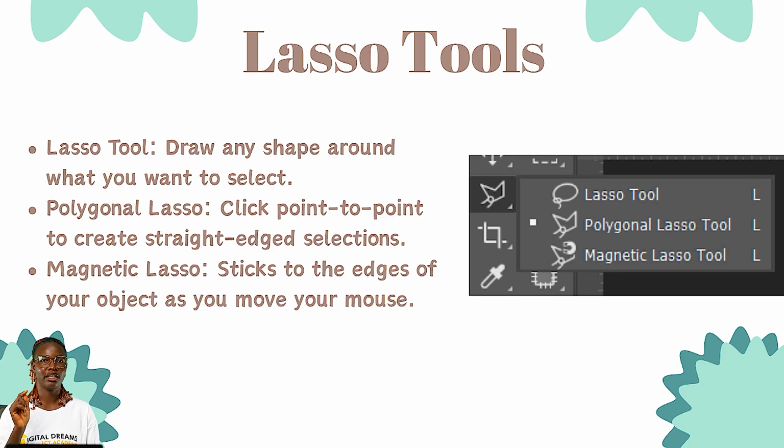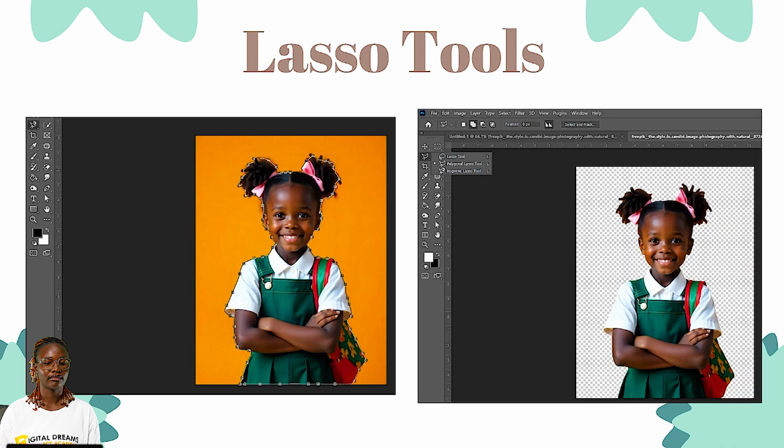You just need to click on the edge or the particular place that you want to remove. Once you keep on clicking, after you're done, you just click on select and mask, and that's it. Here, this particular one is the magnetic lasso tool. You just click around the edges that you want to remove. So this particular background here will be removed, and it will only be remaining this here, like we have here.